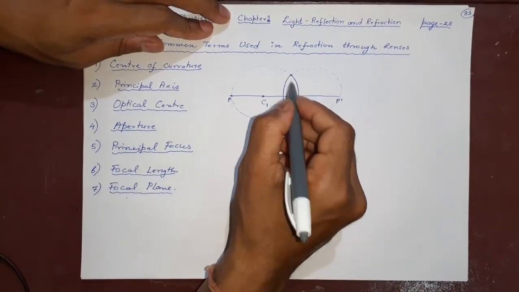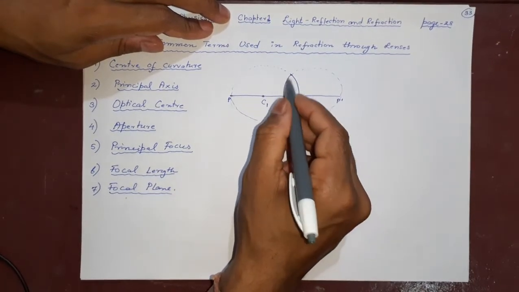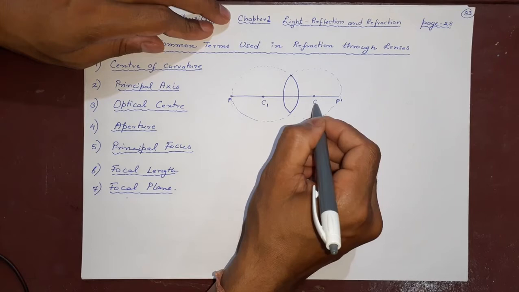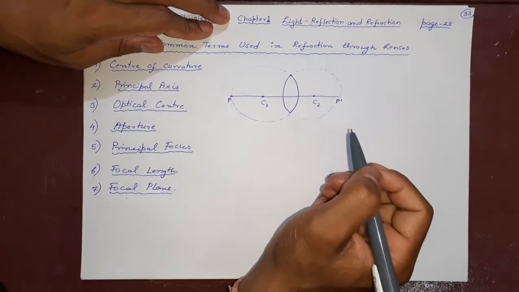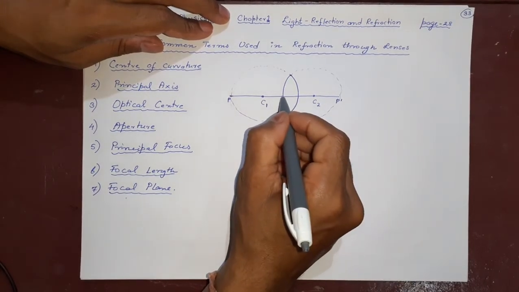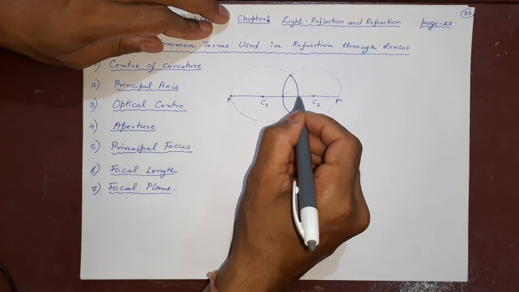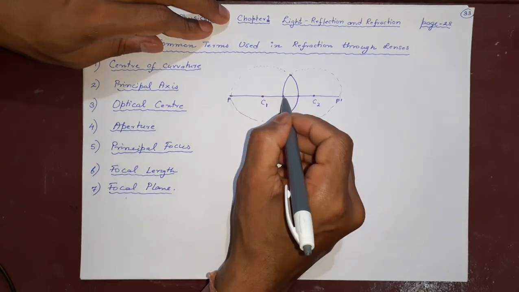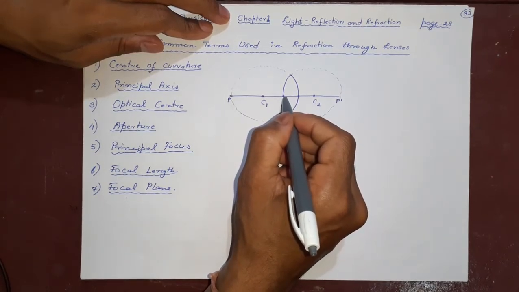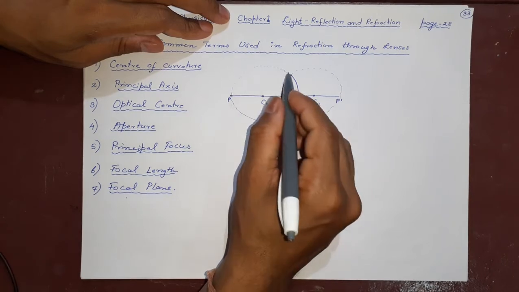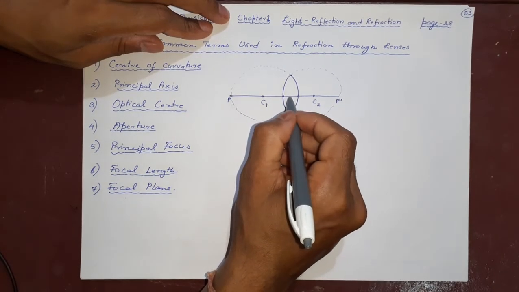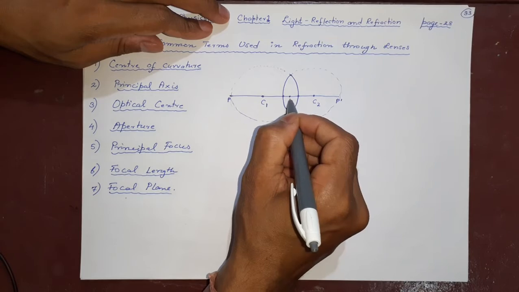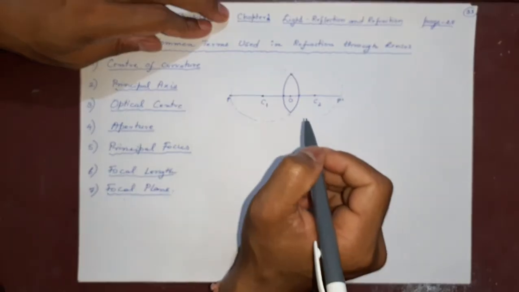For this face, this is the center, we call it C2, right? From here it is the pole, here it is the pole. This we will call the first pole, this the second pole. So at the middle will be your optical center, we'll call it O.